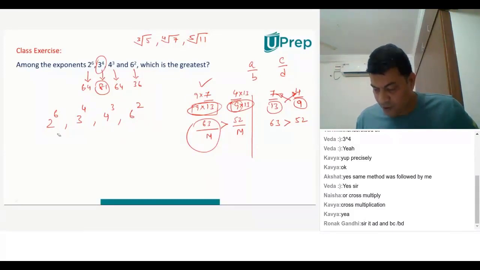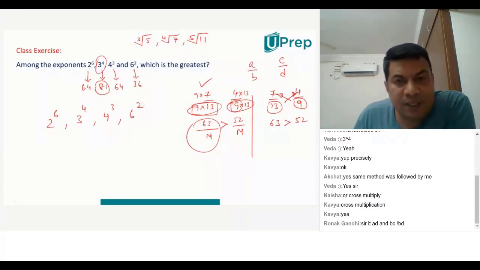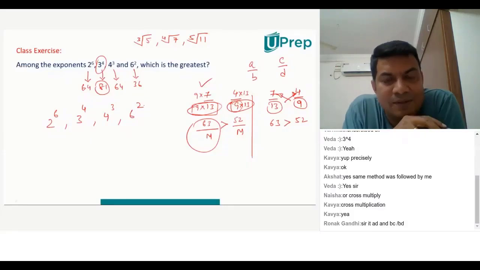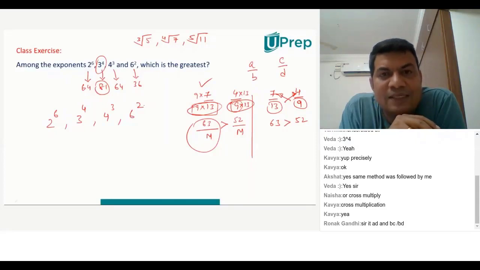Okay, so let me come back now. So the powers are 6, 4, 3, and 2. Are they common powers? They are common, but they're not the same. Correct. Sir, you are trying to make the powers same and then you will compare the bases. Correct. That's the way to do it.